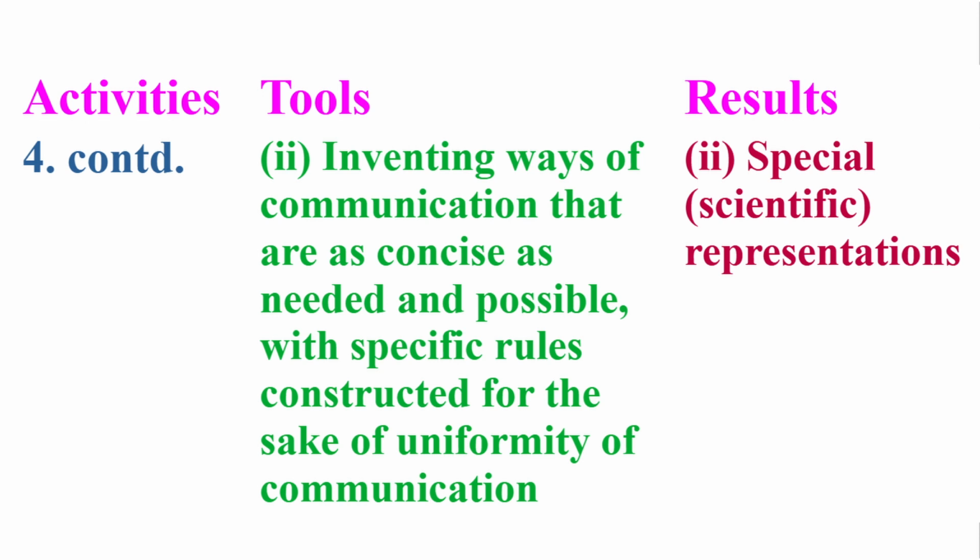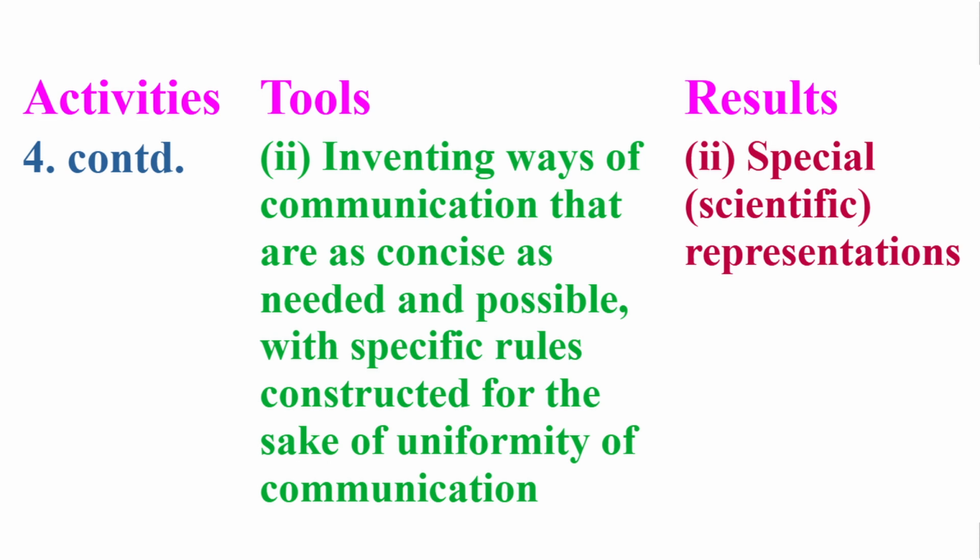When the description is compressed in the form of a special representation, a safety measure becomes essential in order to ensure proper and uniform communication. Therefore, certain relevant rules are constructed.